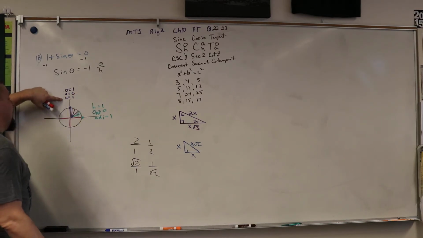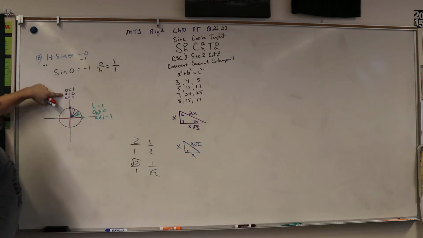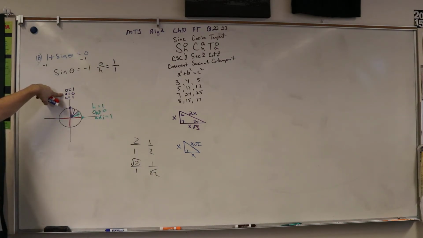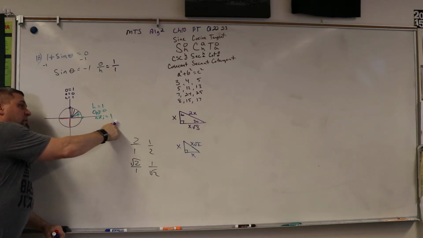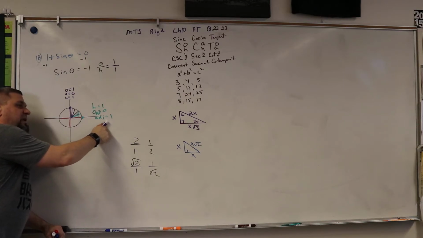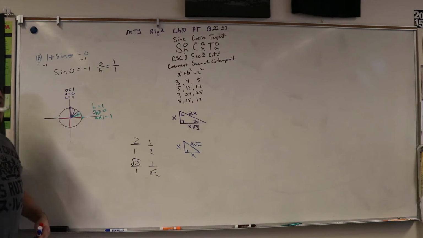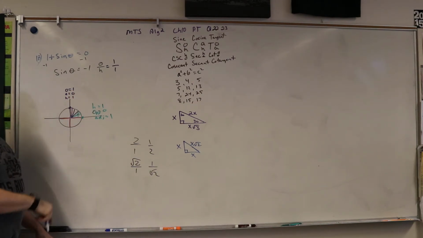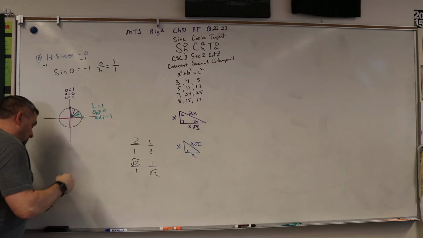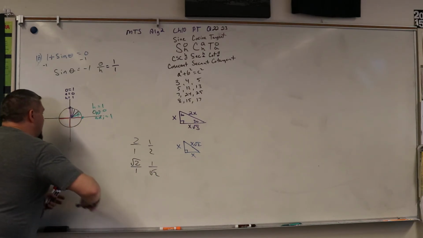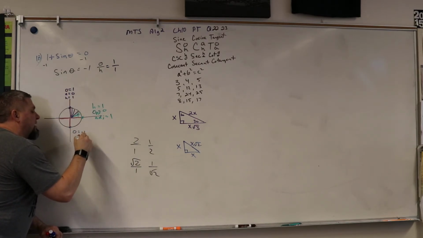In this case, that would equal 1 over 1. Now this would just be the opposite of that. The adjacent would be negative, but the opposite would still be 0. But at this point right here, the opposite would be negative 1.